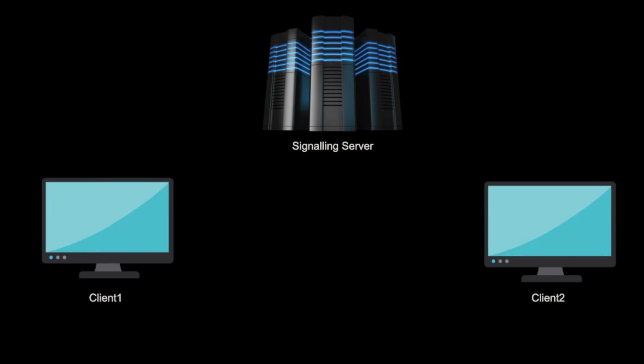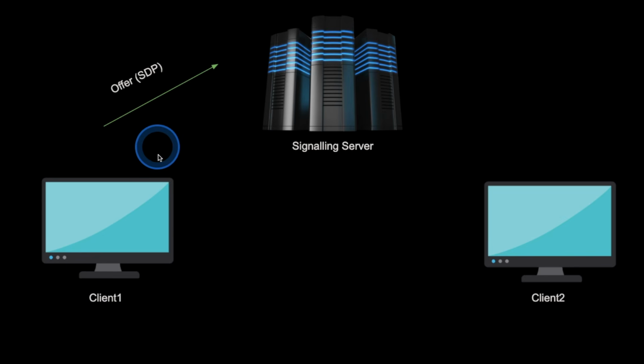Now the first step to a successful WebRTC connection is the creation of offers. So if this client wants to connect with this client, then it will create an offer. You can imagine this offer to be an object, maybe a JavaScript object. I hope you all are familiar with JavaScript.